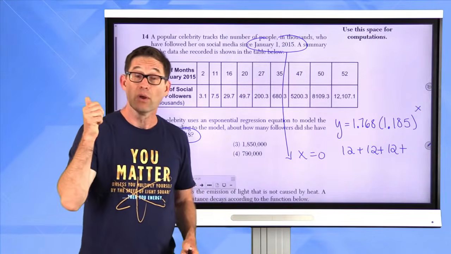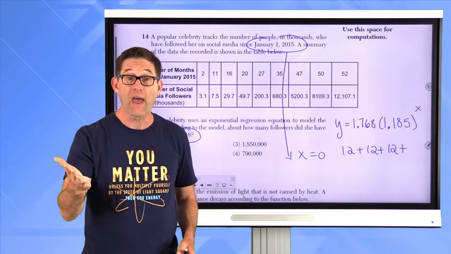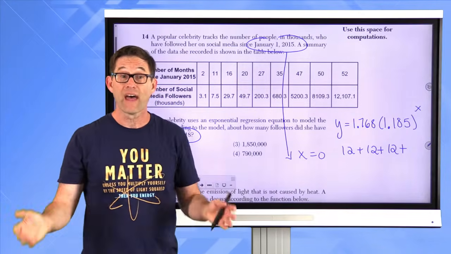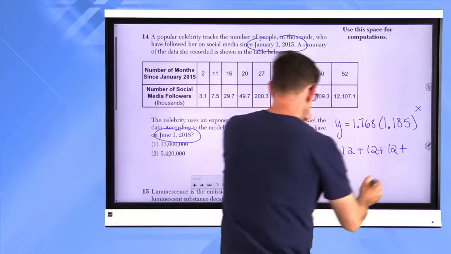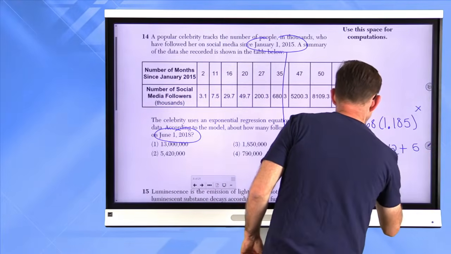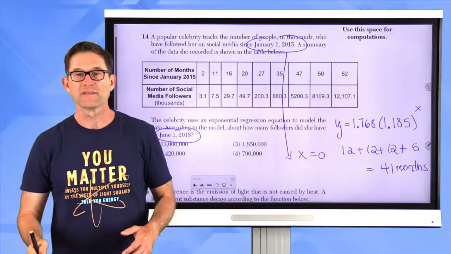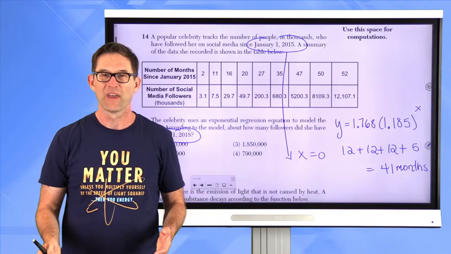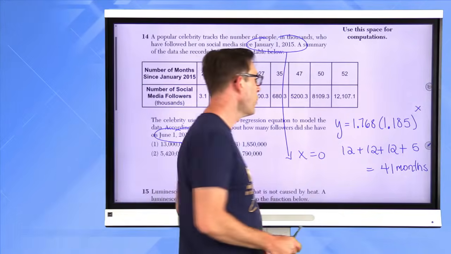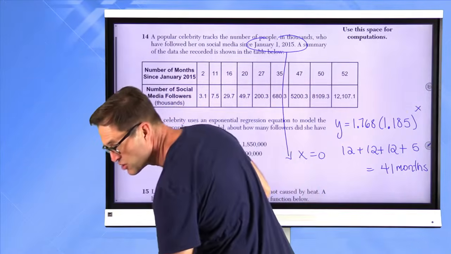So we've just got another 5 there. That's 41 months. So I now take 41 and put it into that equation.